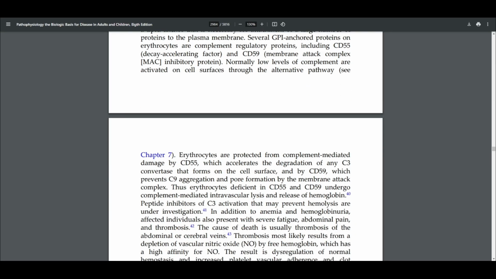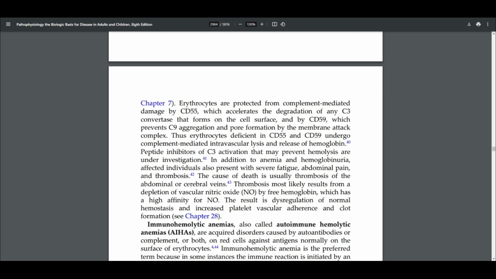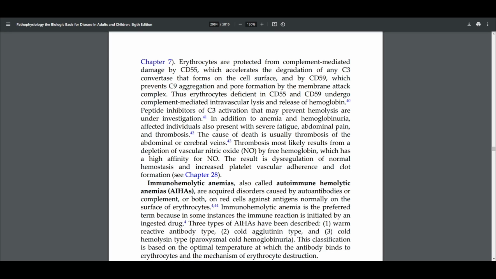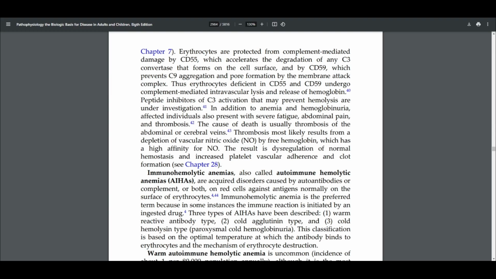Erythrocytes are protected from complement-mediated damage by CD55, which accelerates the degradation of any C3 convertase that forms on the cell surface, and by CD59, which prevents C9 aggregation and pore formation by the membrane attack complex. Therefore, erythrocytes deficient in CD55 and CD59 undergo complement-mediated intravascular lysis and release of hemoglobin.